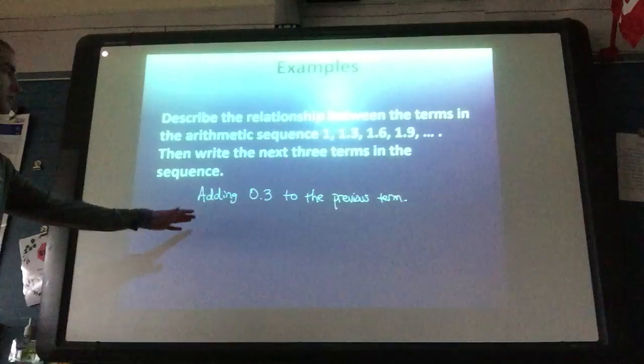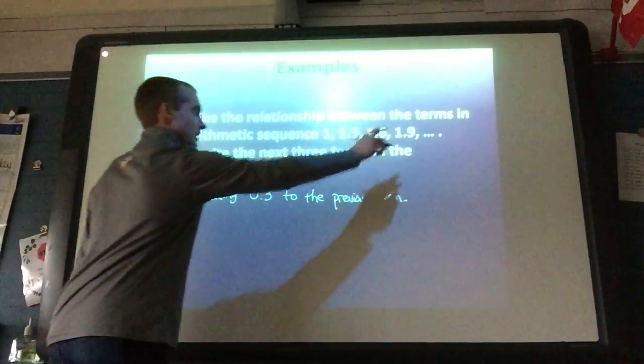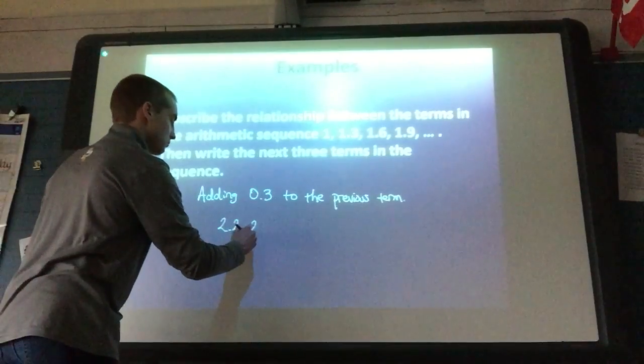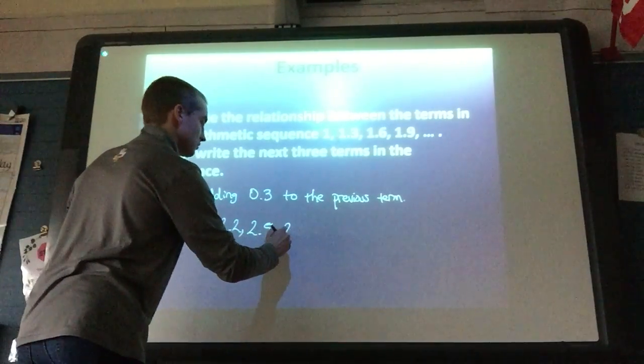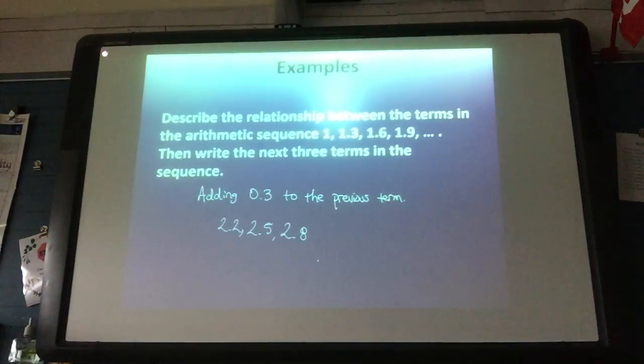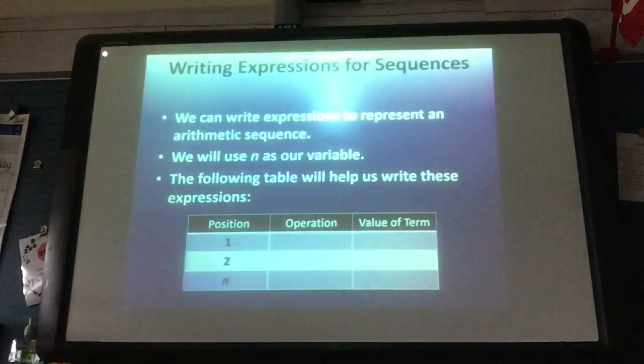And the next 3 terms of that sequence would be 1.9 plus 0.3 would be 2.2, and then 2.5, and then 2.8. Okay, so that's an arithmetic sequence, and that's what you're doing. So this is kind of an intro to sequences as we get started with it.